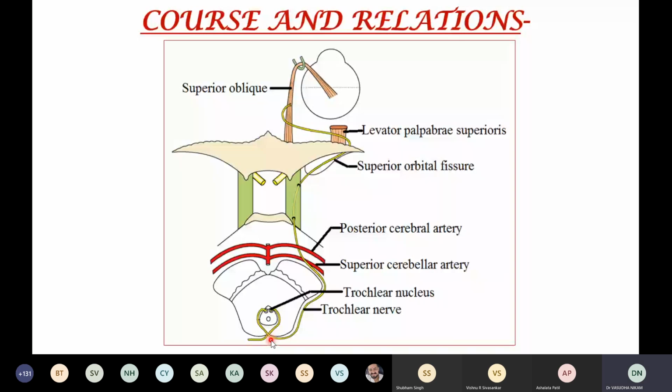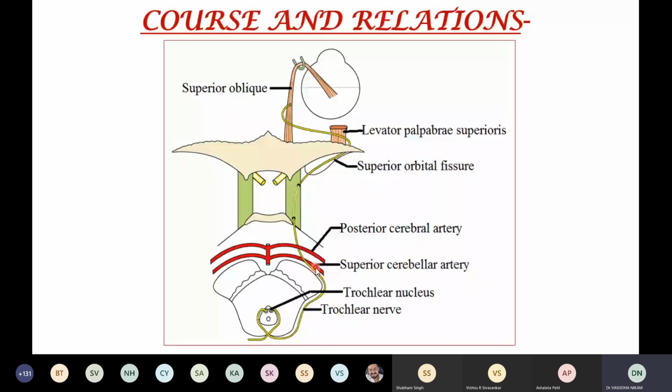The nerve then passes forwards, downwards, and laterally, winding around this gray matter after decussating with the nerve of the opposite side, and then passes on the dorsal surface of our superior cerebellar peduncle and crus cerebri. At this level, it is related to the temporal lobe. So it lies between the temporal lobe and the basis pedunculi, also called the crus cerebri.